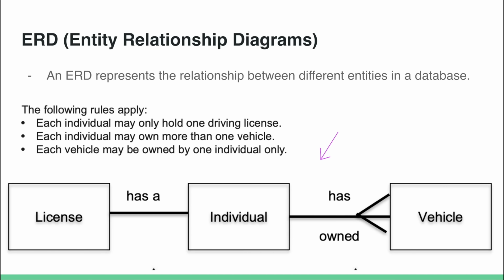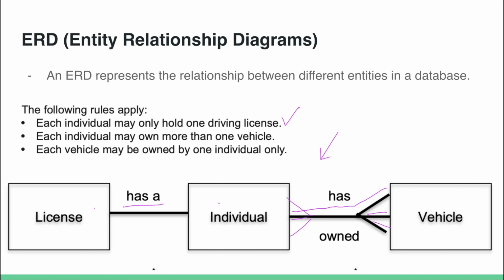Each individual may only hold one driver's license. So there's one arrow between a license and individual and some helpful text. Each individual may own more than one vehicle. Hence, we have this arrow right here with multiple arrows pointing to vehicles. And each vehicle may be owned by one individual only. So right here, if we had multiple individuals holding multiple vehicles, you'd probably have multiple arrows as well.